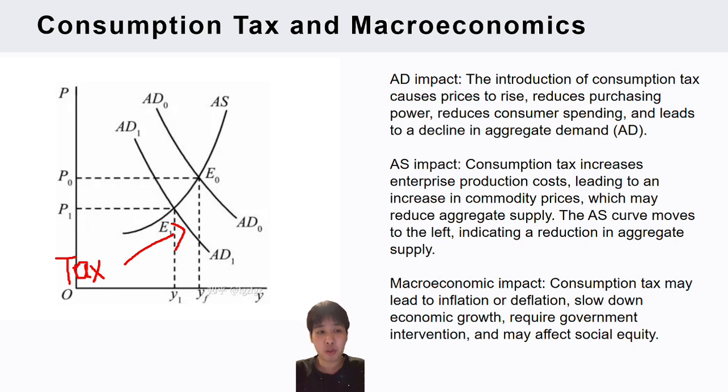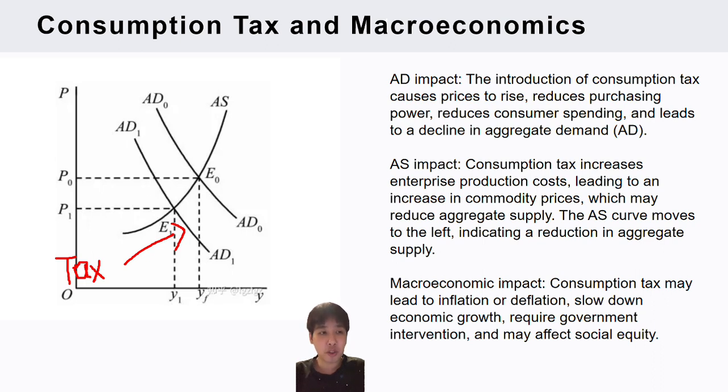This reduces people's purchasing power and consumer spending. Second, reduced consumer spending will affect aggregate demand because aggregate demand includes consumer spending. The introduction of the consumption tax will cause the AD curve to shift to the left, indicating a decrease in aggregate demand.